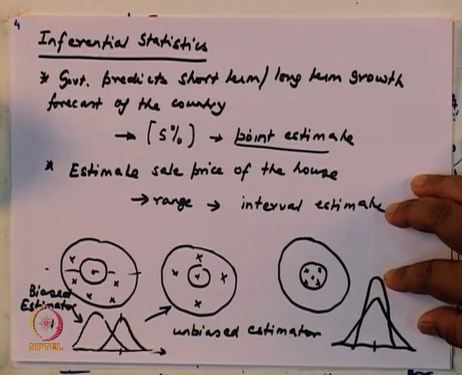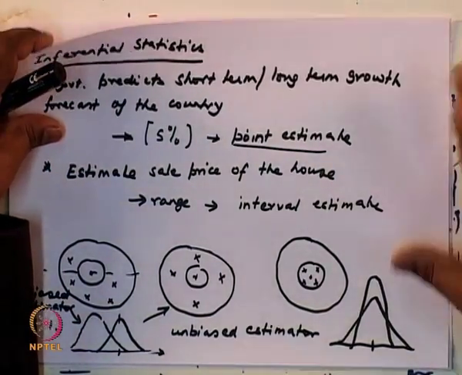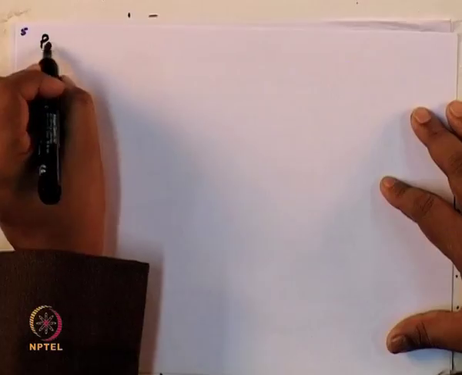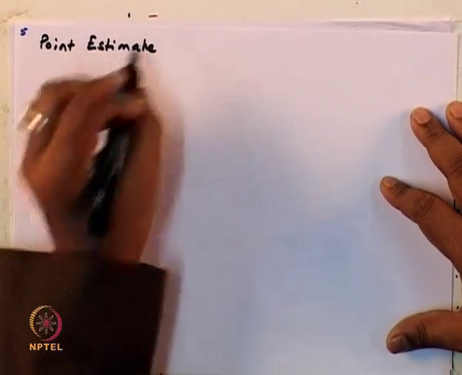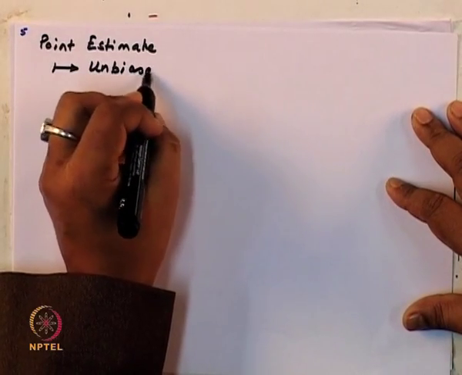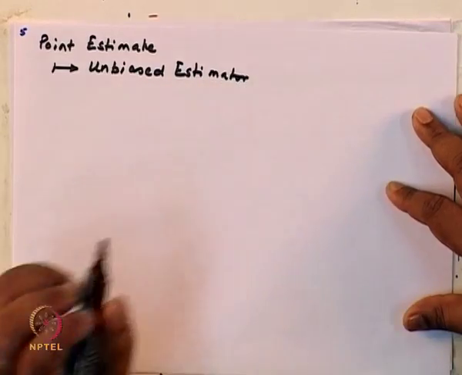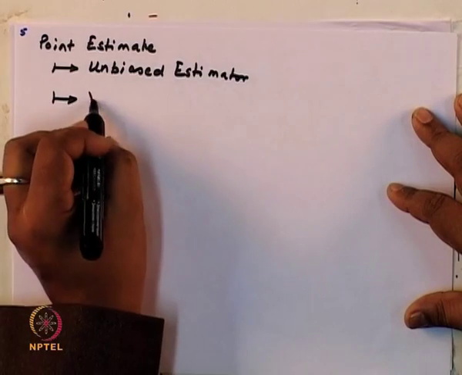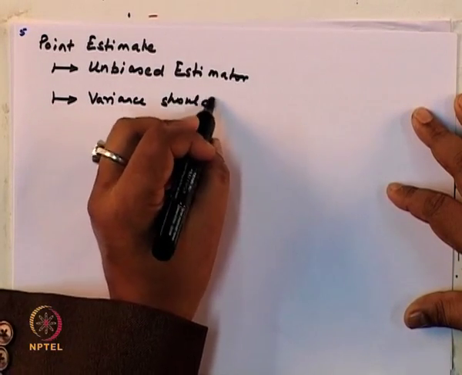That brings us to the idea that when we want to come up with a point estimate, there are two rules. You want an unbiased estimator, and second, the variance should be low.